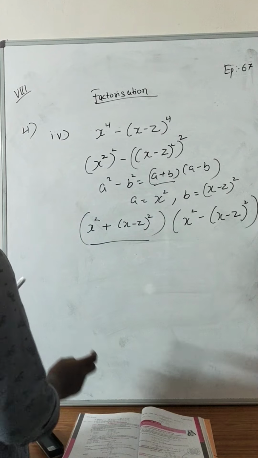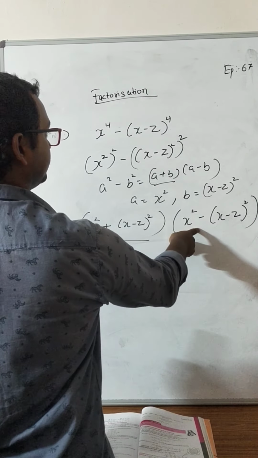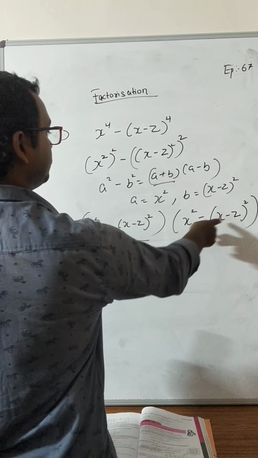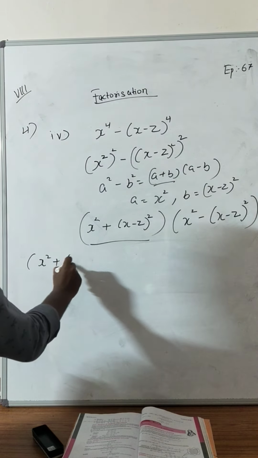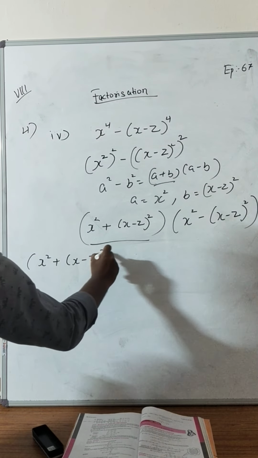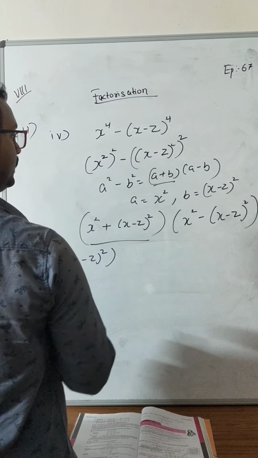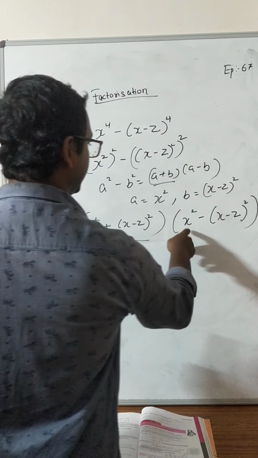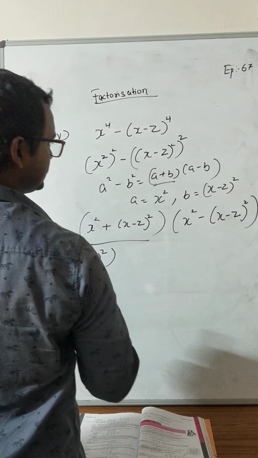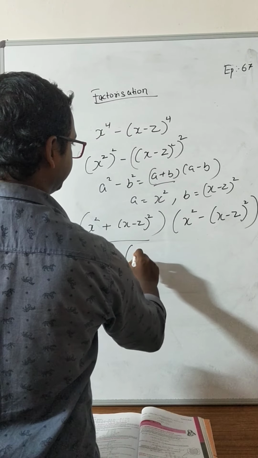Now see here. Here we have, again we can apply identity 3, which is a square minus b square can be written as a plus b, a minus b. So this x square minus x minus z whole square can be written as x plus x minus z and x minus x minus z.